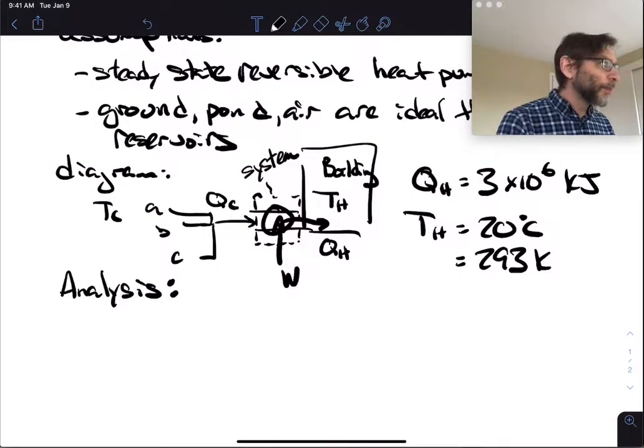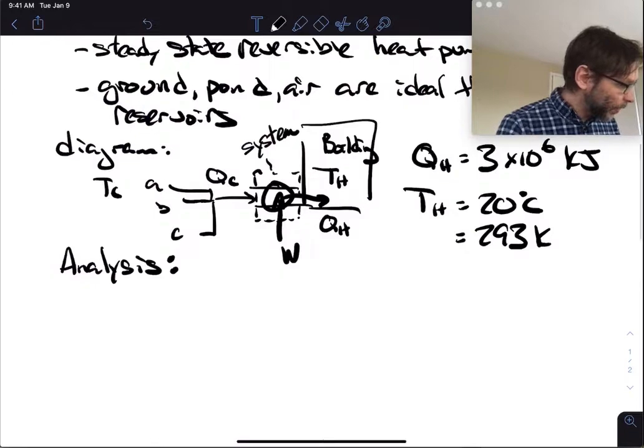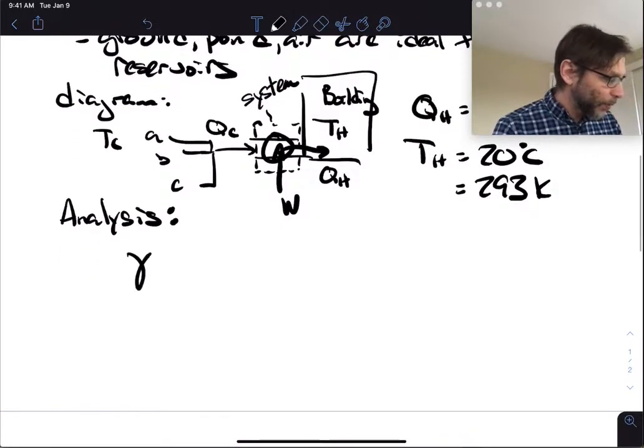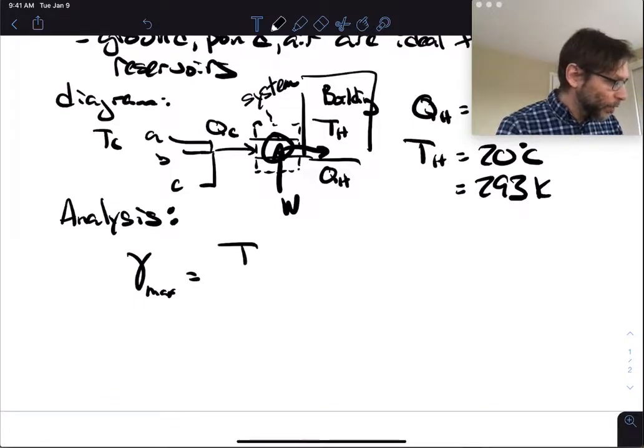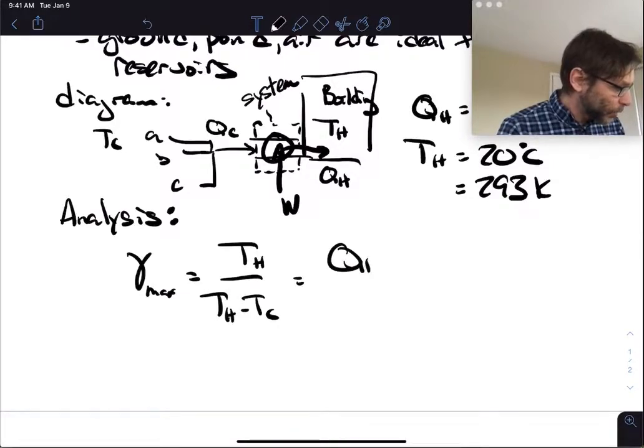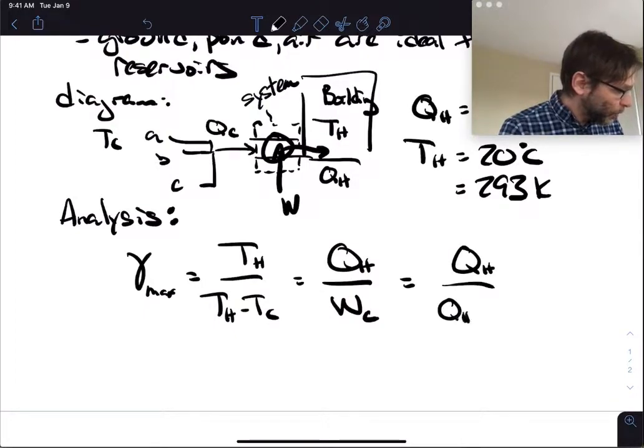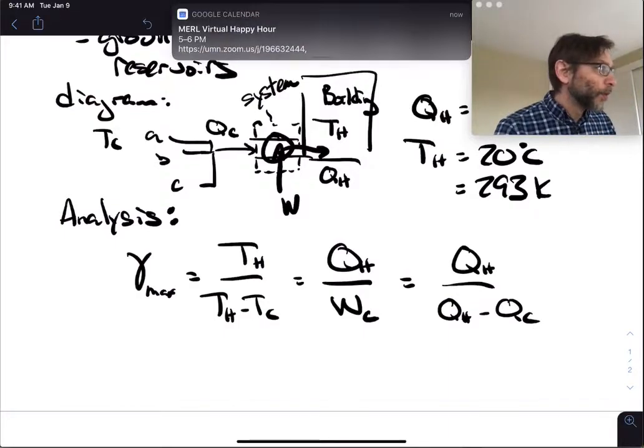Okay. So then we're going to use this ideal analysis that the heat pump max theoretical is equal to TH over TH minus TC, which is equal to QH over work of the cycle, which equals QH over QH minus QC, right?